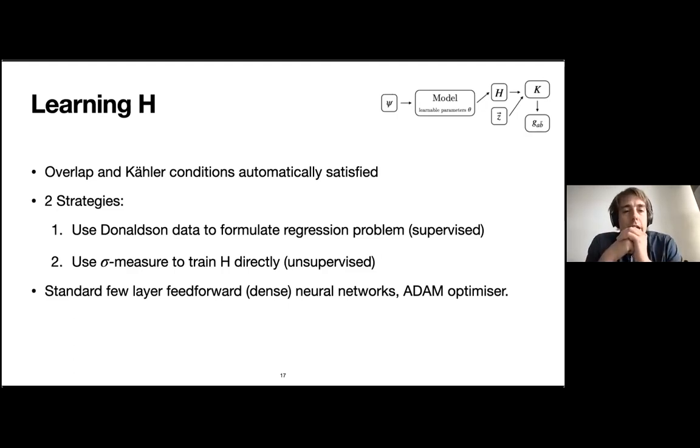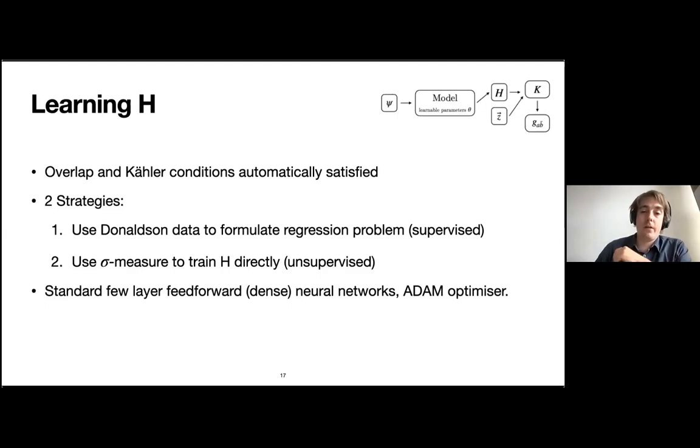The first one is to use data from Donaldson's algorithm to learn H. This is basically formulating this as a regression problem, a supervised learning algorithm. This tells you that your network is also able to learn H. And in the second approach, we use the sigma measure directly to train H directly. So we don't have to go to Donaldson's algorithm to calculate H. So this is unsupervised.